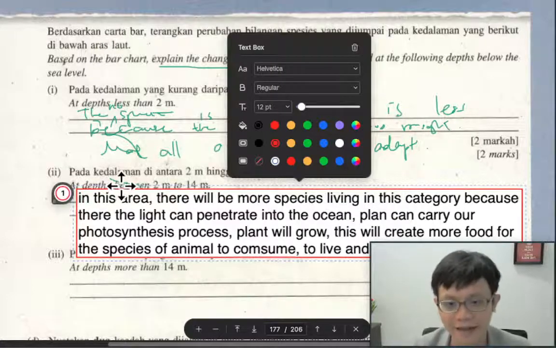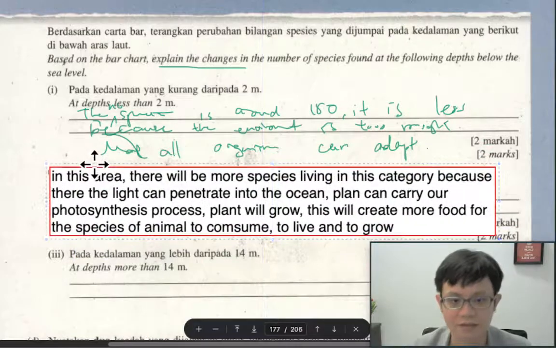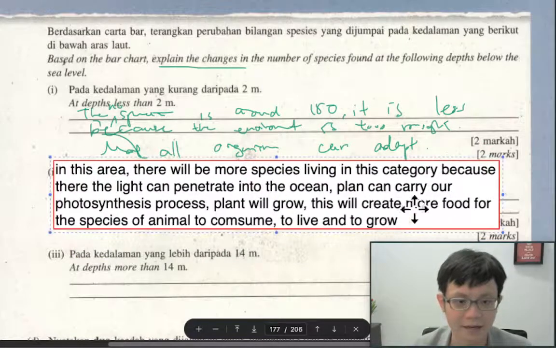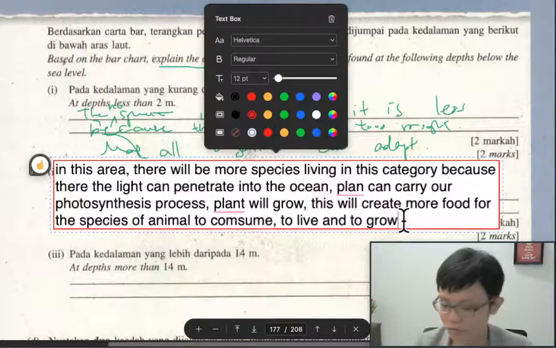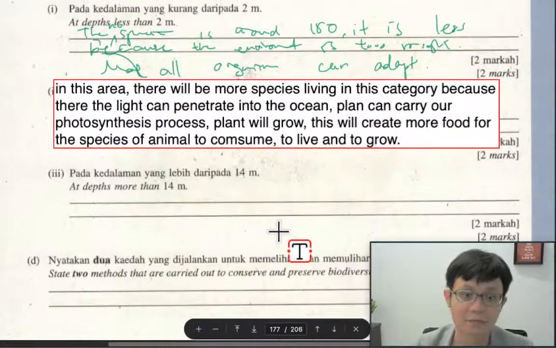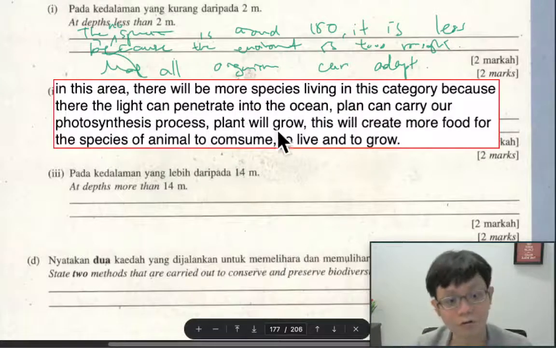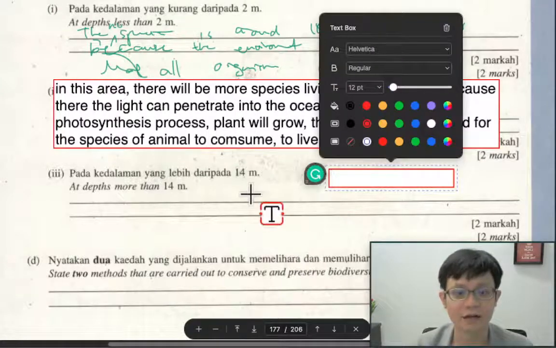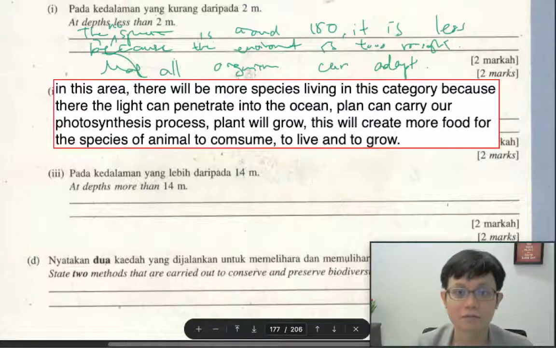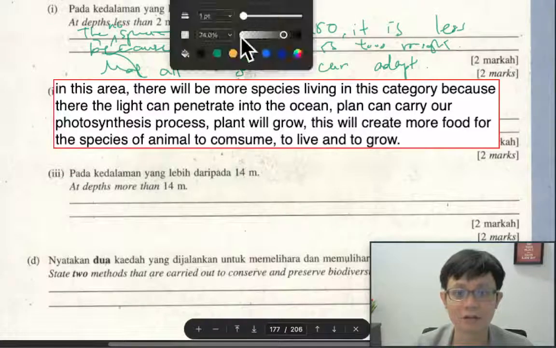Okay, this is a bit too long already, but never mind. I just want to explain. So your answer will be something like this. There are many organisms, it will have the sunlight, it will grow more food. Basically that is the keyword. So basically you need to know the keyword.